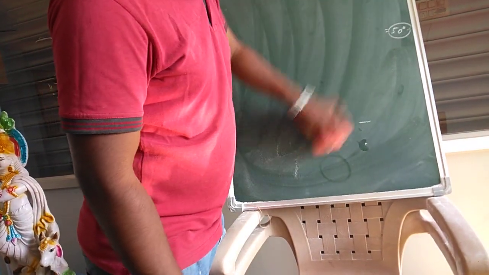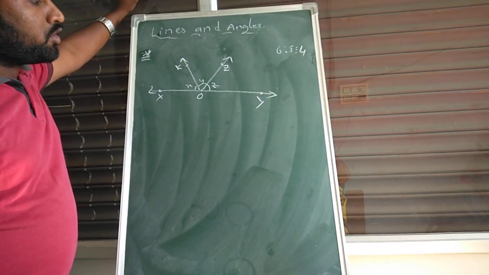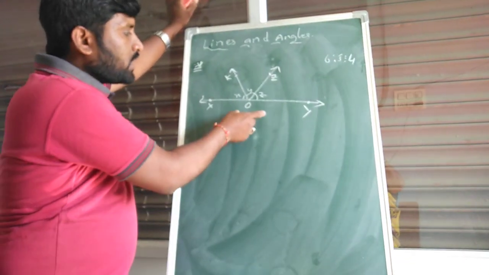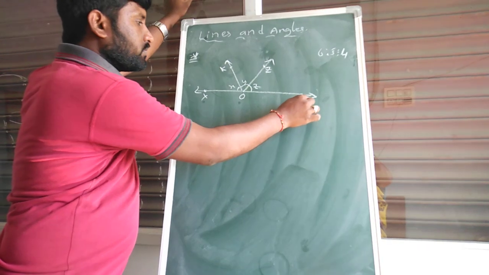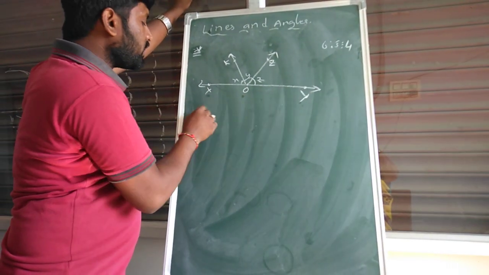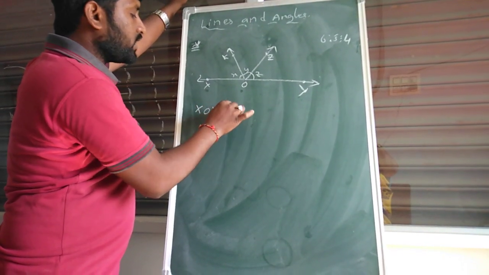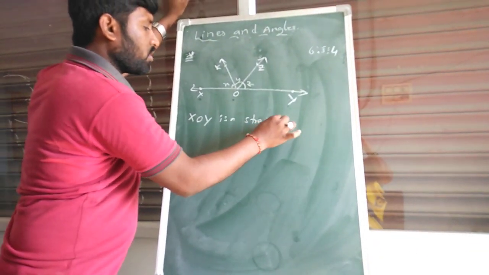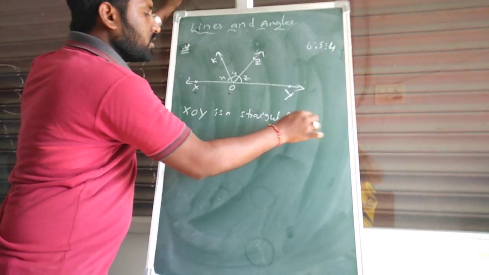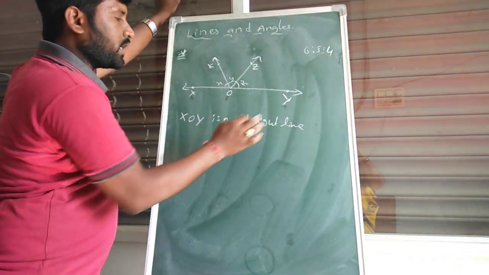Okay students, now the next question is: XOY is a straight line.